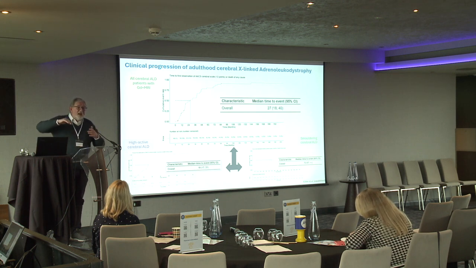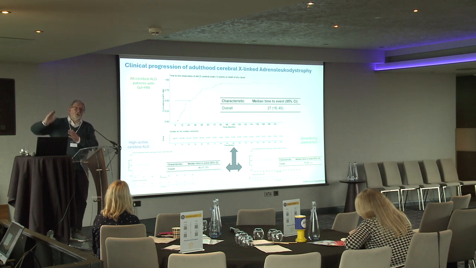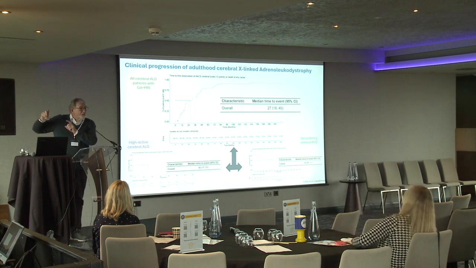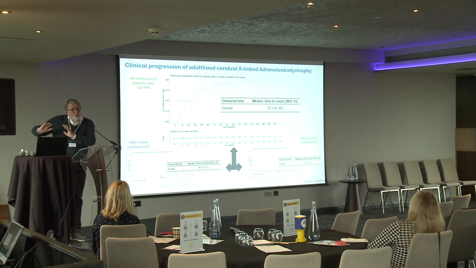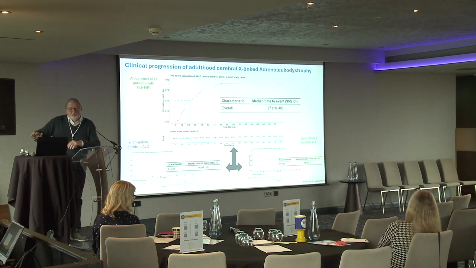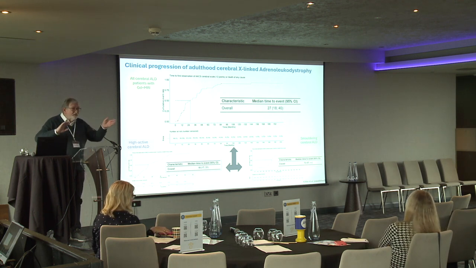You see highly active patients that have a survival time of only 18 months, 1.5 years. And there's another group which has a much longer survival time. Most likely these are the previously mentioned smoldering phenotype patients with a longer progression of cerebral involvement, more than 5 years. So we have to differentiate these, and we need some biomarkers to differentiate these two groups for our treatment decision.